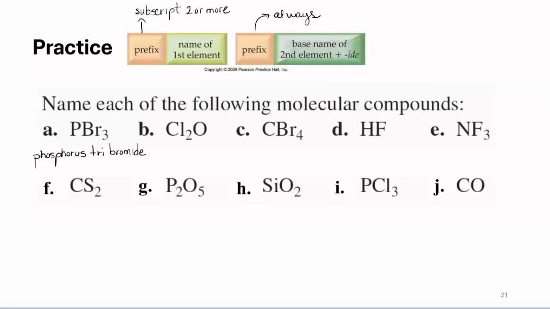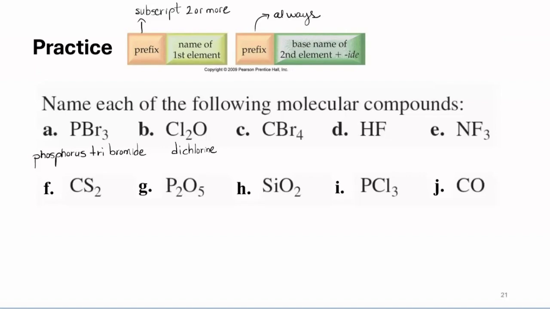Let's move on to letter B. Cl2O. My first nonmetal has a subscript of 2. So I'm going to put the prefix di to symbolize the 2, and then the name of that element, dichlorine. I'm going to put the second word below because of spacing.